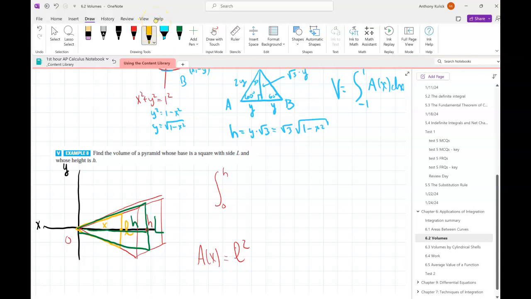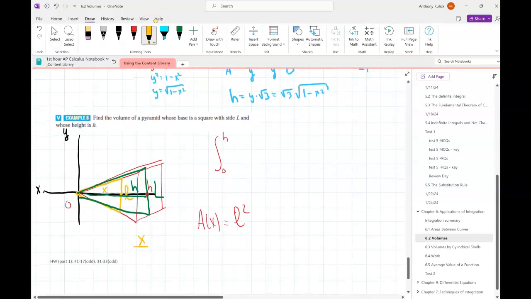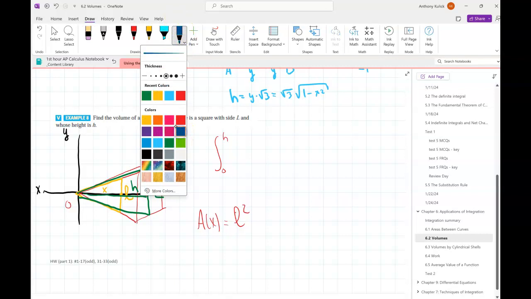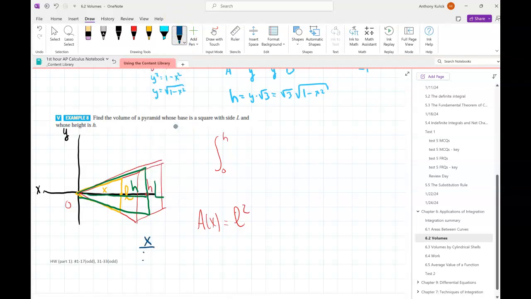So we can say that x over h equals little l over cap L. If I solve this, little l is cap L over h times x.